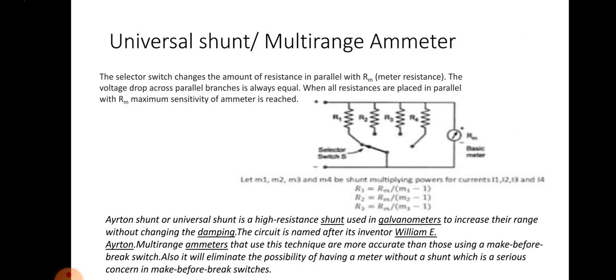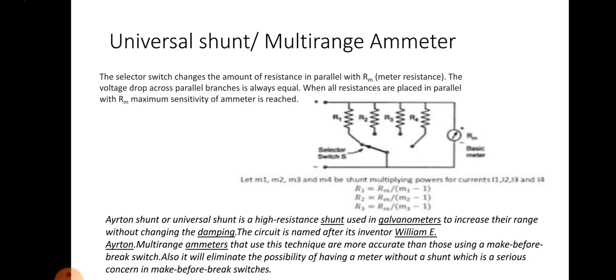The shunt resistances that we have connected are four resistors R1, R2, R3 and R4, and there is a selector switch S. The selector switch is for the purpose of selecting a particular resistance. So depending upon the requirement, the user can switch the selector switch and connect to the required resistance. The selector switch changes the amount of resistance in parallel with Rm.